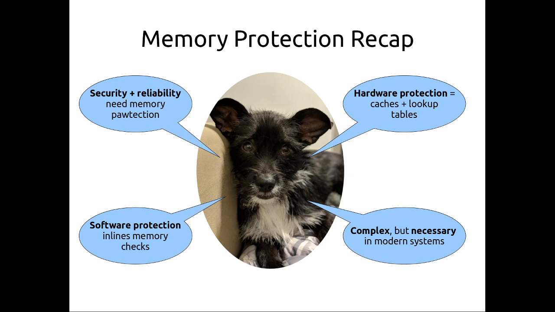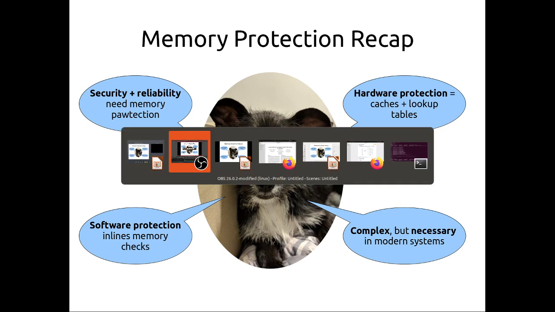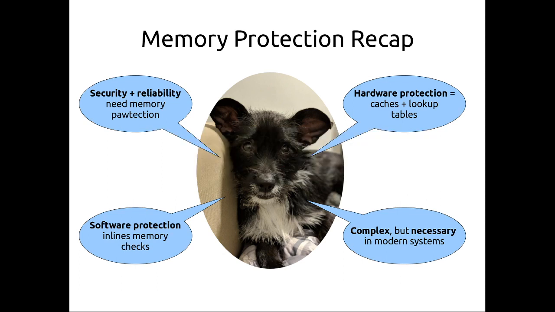So we looked at many means of providing hardware protection, focusing, of course, on page tables, which require new caches to accelerate them, the TLB. We also talked briefly about software protection and how it requires inline checks into your code to make sure that you're accessing data that you should, which has a performance impact. And all of these things are used in different domains, and it's very complex. We've gone through a lot of technical details, but it's absolutely necessary in modern systems to have that protection, to have that security.